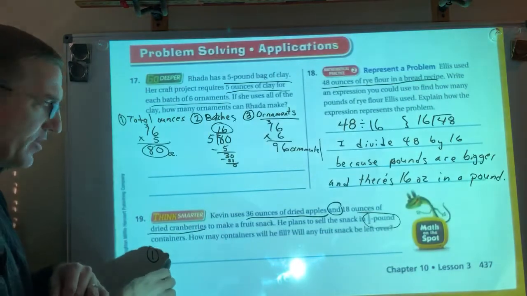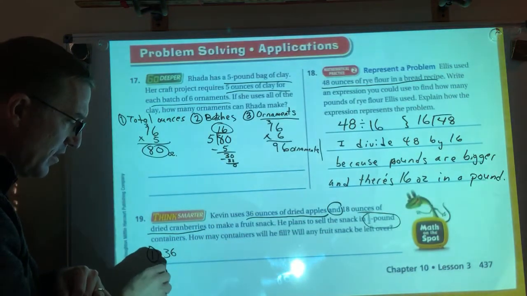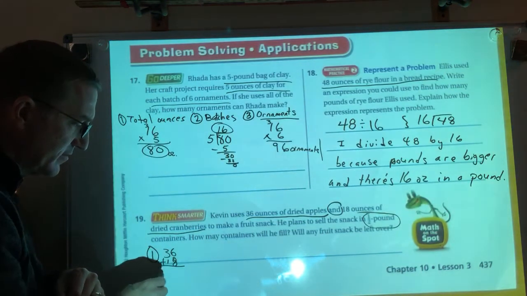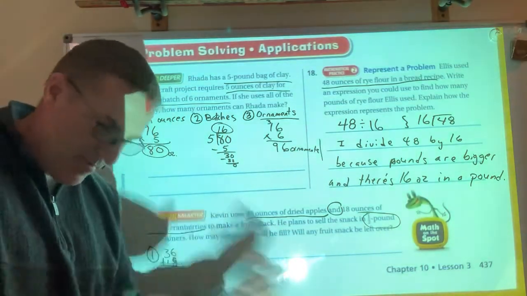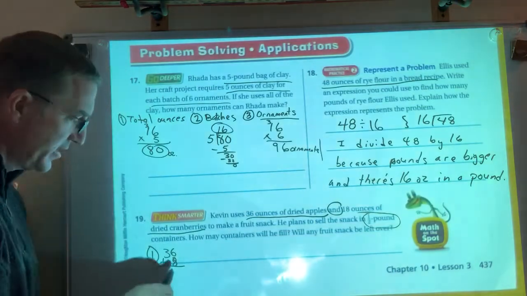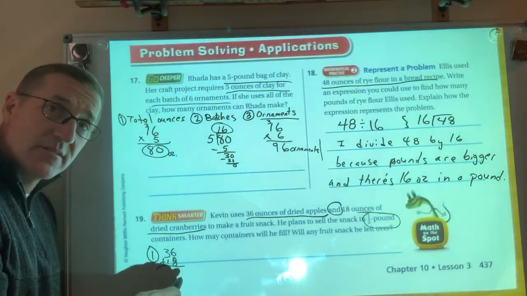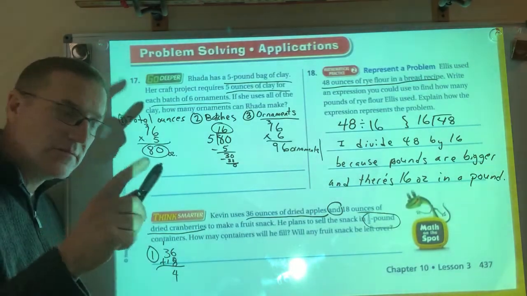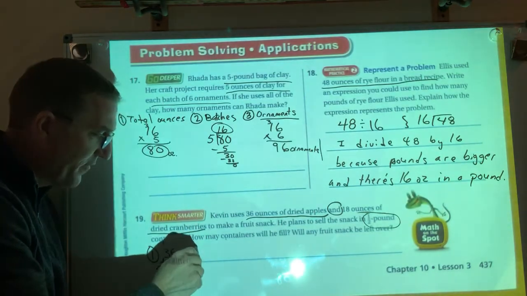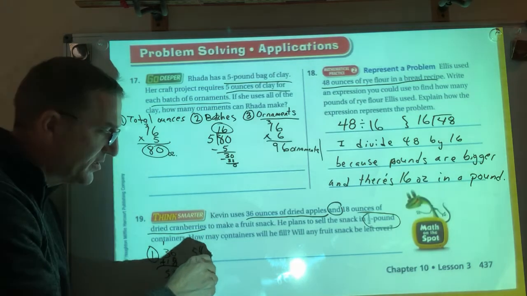So I'm going to take 36 plus 18 to get the total amount. I mean, you think about it, if I'm going to make a fruit snack, I'm going to put it all in there and mix it all up, right? So I get it all together. 8 plus 6, 14. 1 plus 3 plus 1, 5. So I'm going to end up with 54 ounces to start.